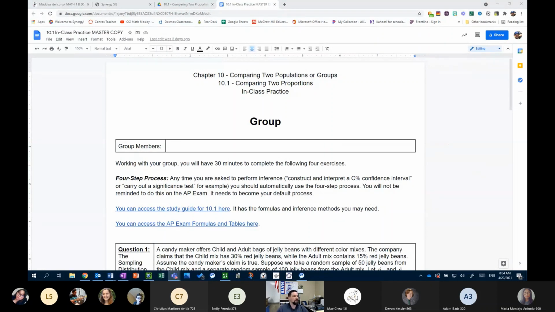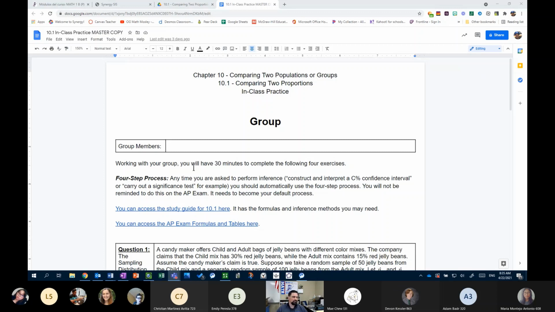So we have a Google document here. I want you guys to try to work in groups today. So we will be using some breakout rooms to work on this set of exercises. Working with a group, I'm going to give you guys 30 minutes to complete the following 4 exercises.